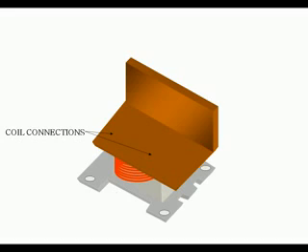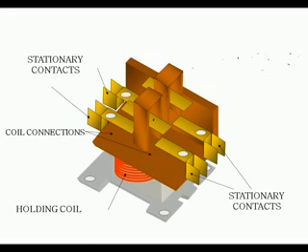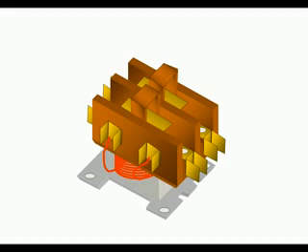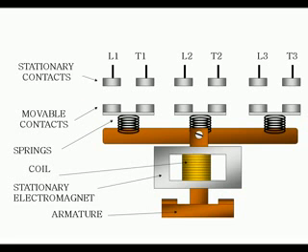Okay, we have the coil connections. We have the holding coil, then we have our stationary contacts, and our movable contacts and armature. And then when they're closed, it comes down and it makes your contacts.